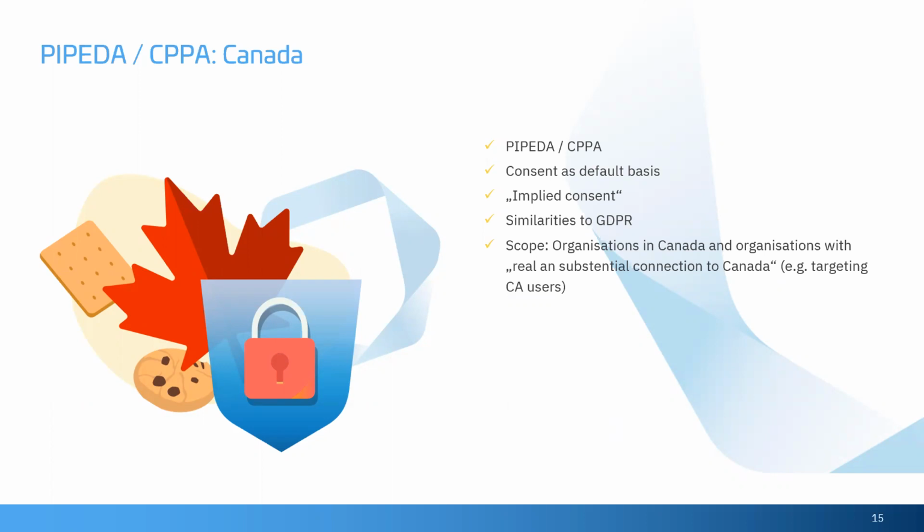Whatever this means, the typical understanding would be if you're targeting Canadian customers, for example, if you have an online store and a delivery option to Canada, then this could be seen as a real and substantial connection to Canada, and therefore you might fall under PIPEDA and CPPA. Then you would need to request consent for similar issues as in Europe, so analytics and all other third-party data sharing.